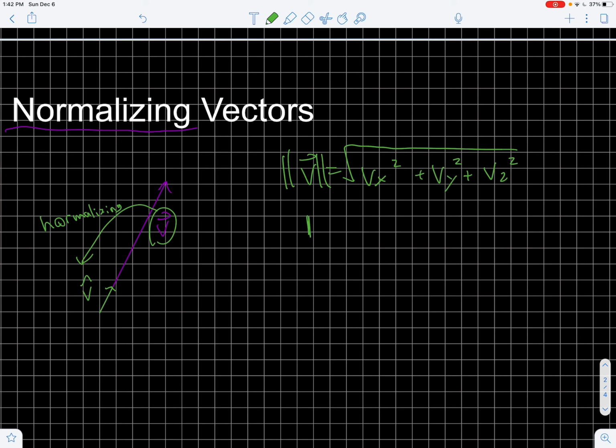Now, to get this side to equal 1, we had to divide both sides by vector v.